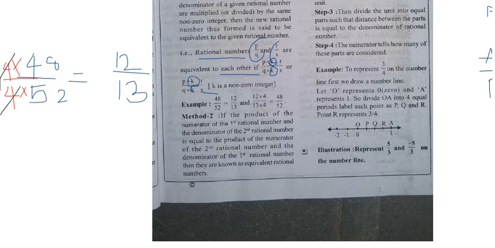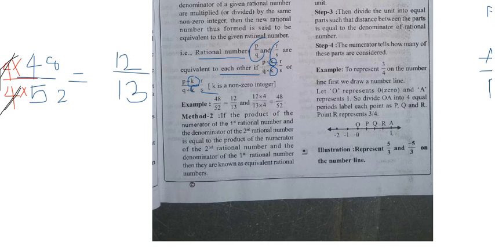Not only multiplication and division, you can add also, there is no problem. You can add something to the numerator, but that is not your level; it comes in higher education in +1 and +2, so don't worry about that. Even if you multiply or divide the numerator and denominator by the same number, there is no problem.